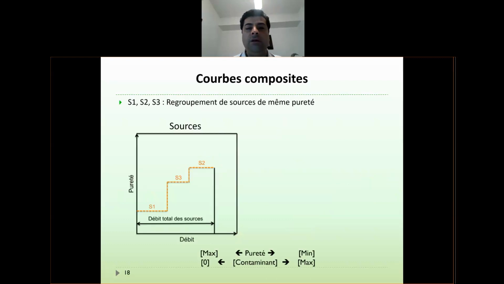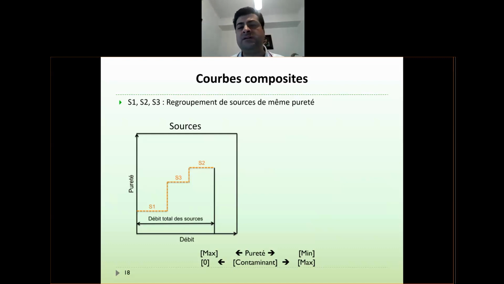So imagine that now, similar to thermal pinch analysis, you can also define composite curves for water streams with respect to purity or concentration. Talking about concentration, it depends on the material of interest.